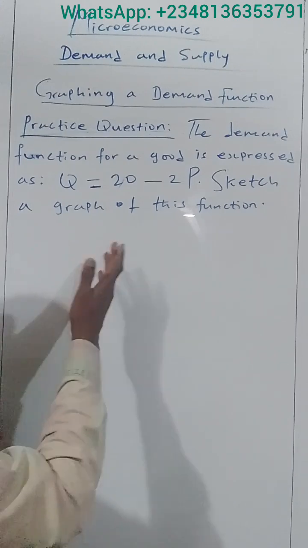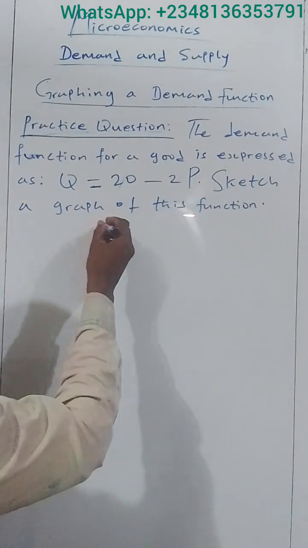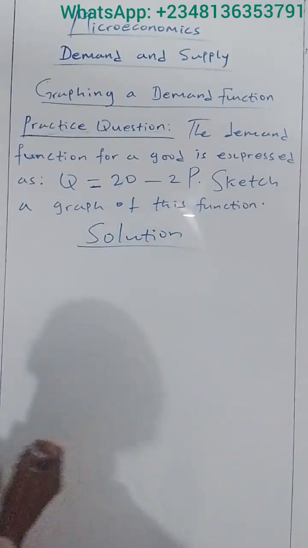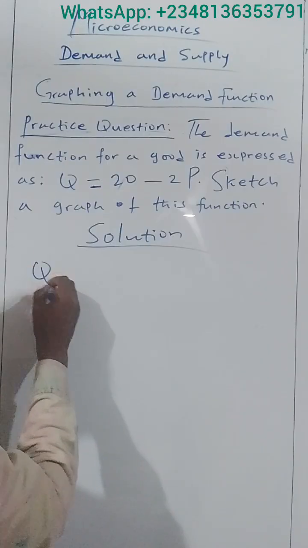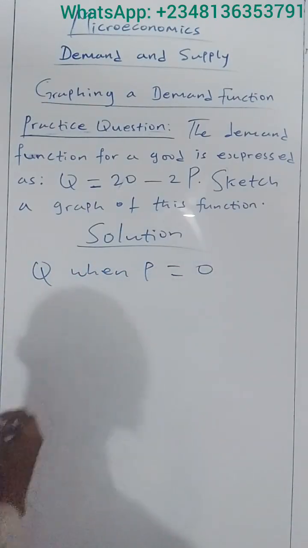Whenever you are asked to sketch a graph of a demand function, there are two things you need to first calculate. So you first need to calculate the value of Q when P is equal to 0.